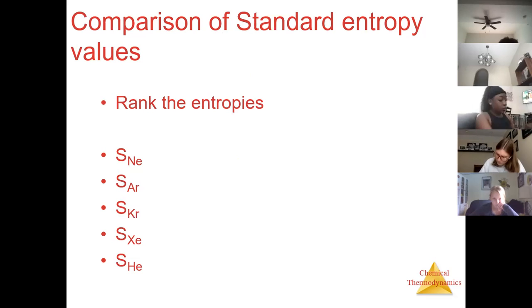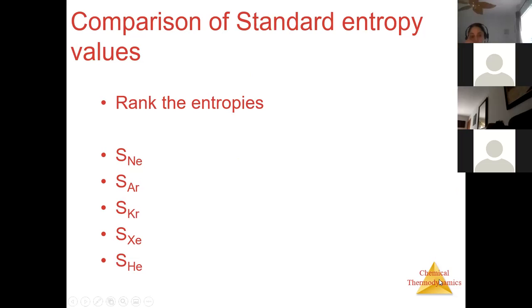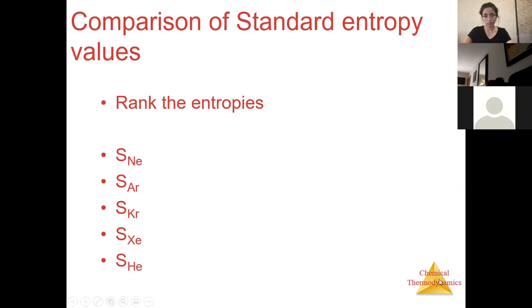So I have neon, argon, krypton, xenon, and helium. Sachari, rank those entropies: neon, argon, krypton, xenon, helium.